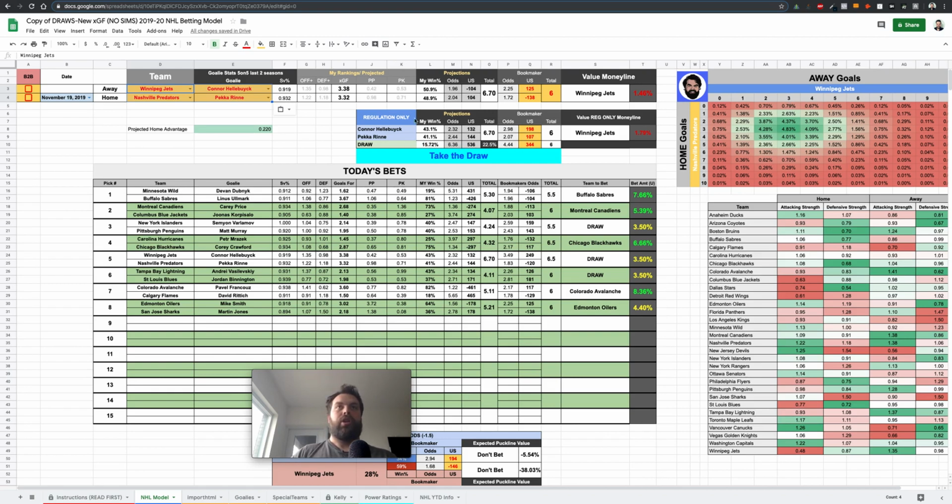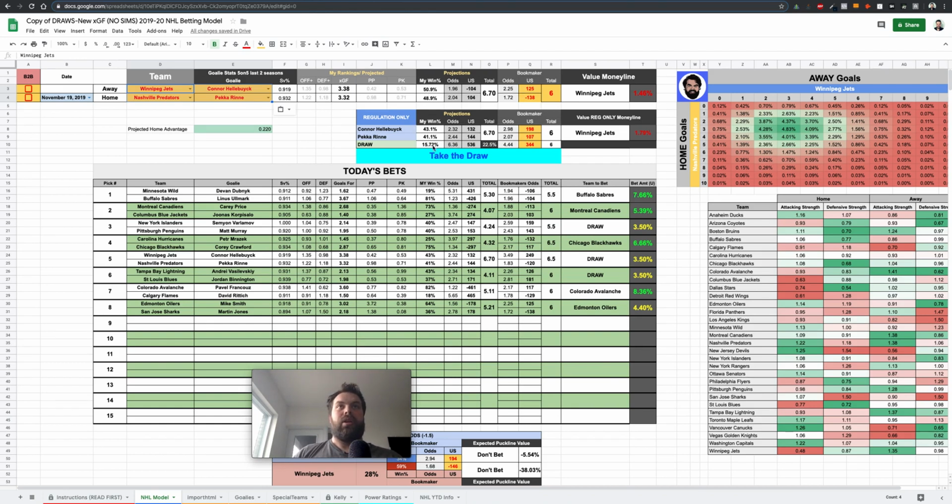That's important because these win percentages up above are for the entire game, right? So it's a slight edge to Winnipeg, and this value is not correct because I haven't entered the odds, but the win percentage is correct. It's a slight edge to Winnipeg, but this is the entire game, so this is OT included.